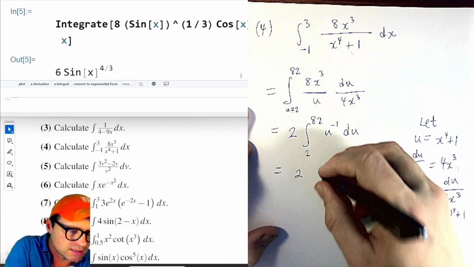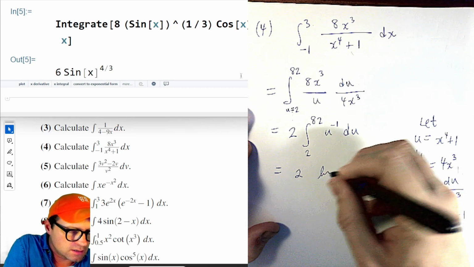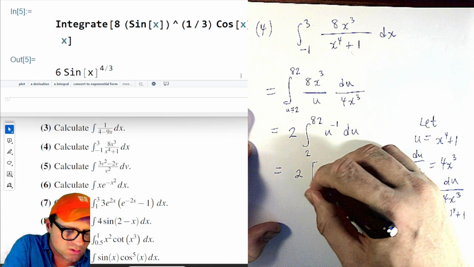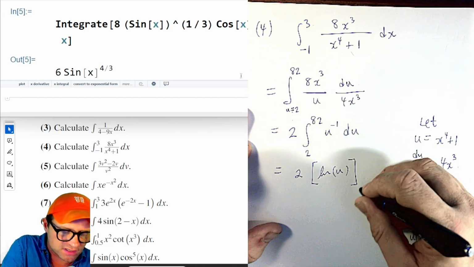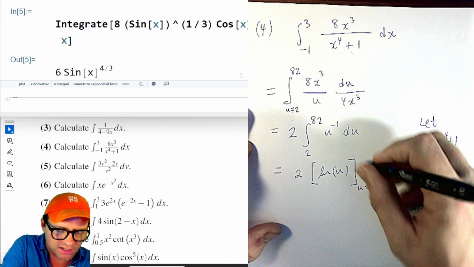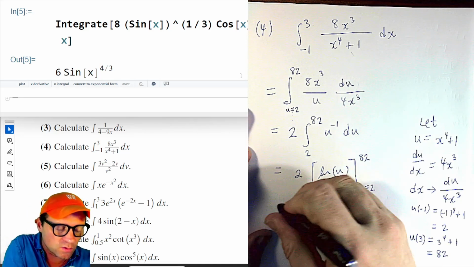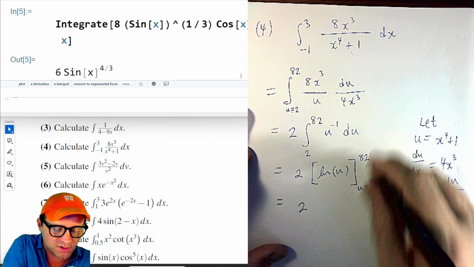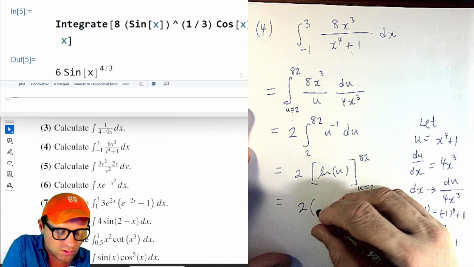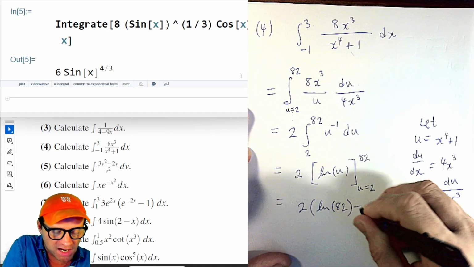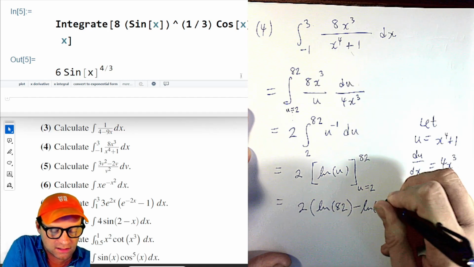So 2 ln of u. I'm putting a square bracket here because I'm going to sub in u equals 2 and u equals 82 and take a difference. Okay, so what we need to do now is put those numbers in. So we have ln of 82 minus ln of 2.